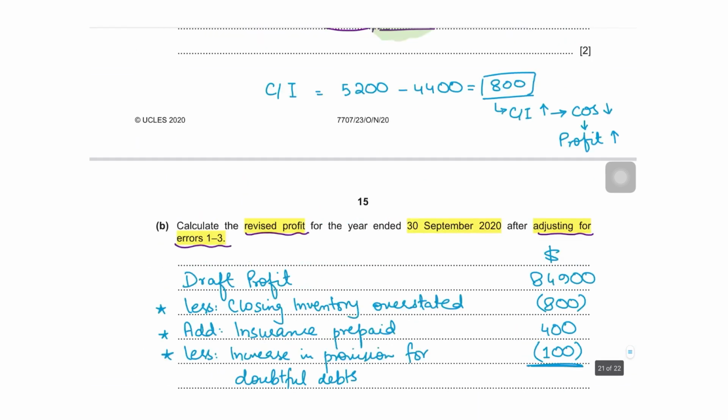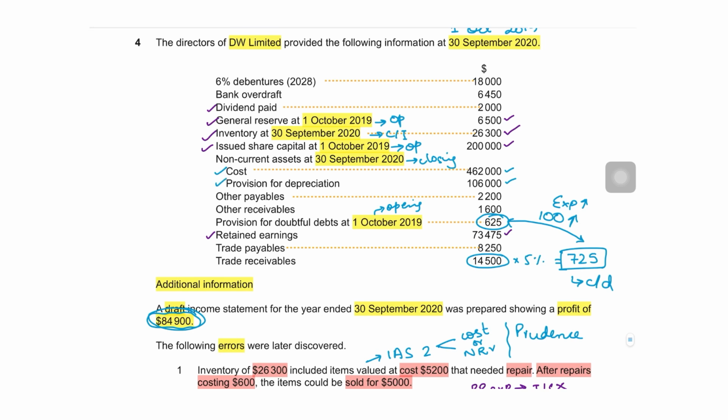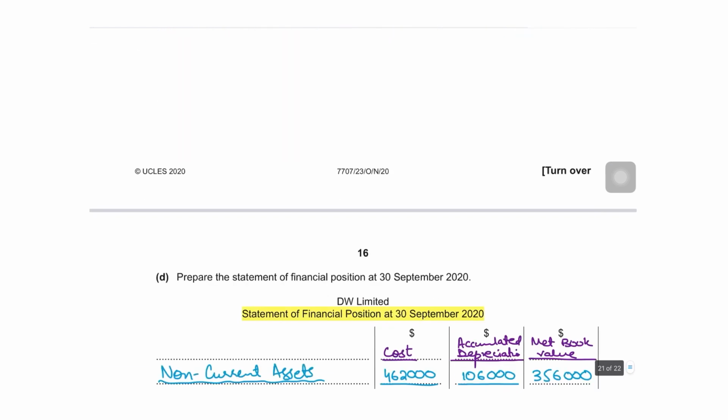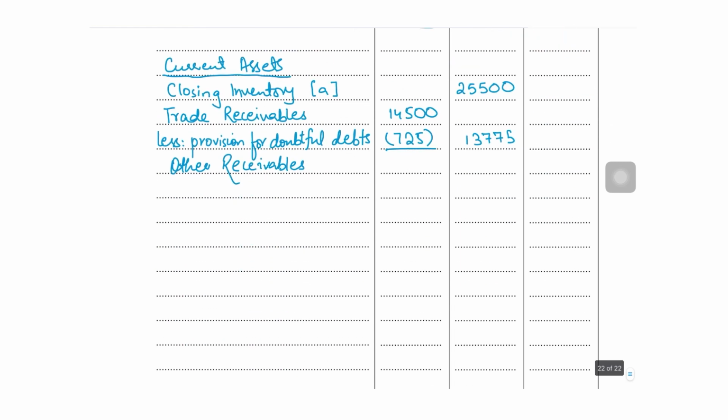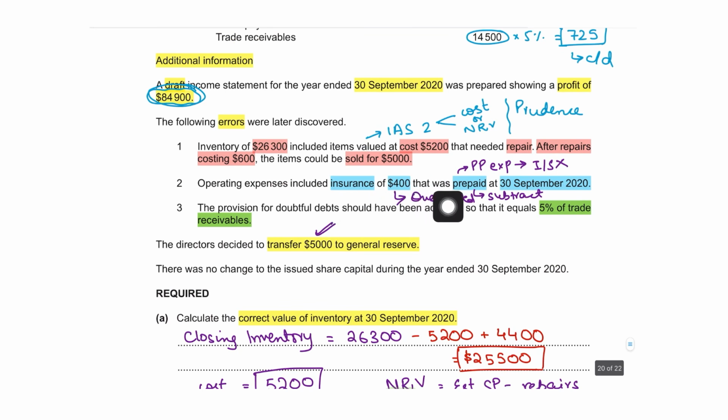Other receivables given to us in the list of balances amount to 1600. But are these the only other receivables? No. 1600 plus 400. Where is this 400 coming from? We were told in the adjustments that insurance prepaid amounting to 400 was included as an expense.